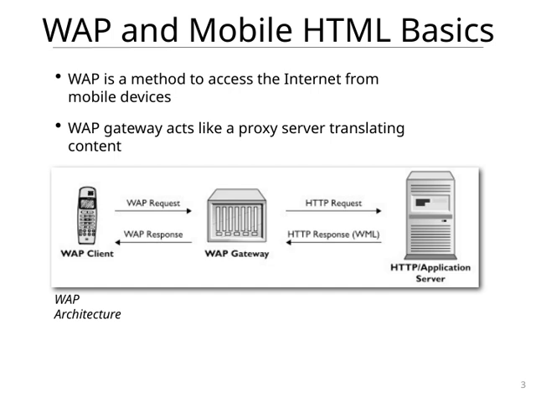Think of it like a middleman or proxy server that sits between your mobile device and the internet. Its main job is to translate the content from standard web formats into a form that your mobile device can understand and display properly. This translation is crucial because traditional web content isn't always optimized for mobile viewing.